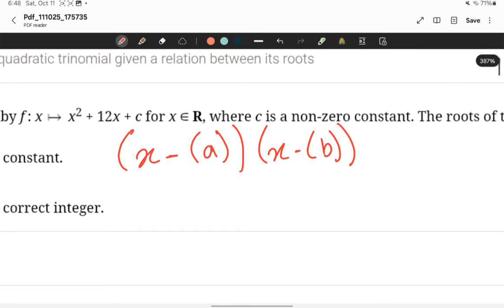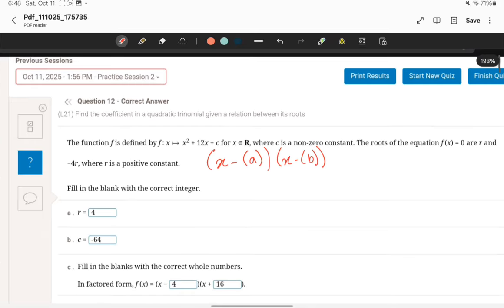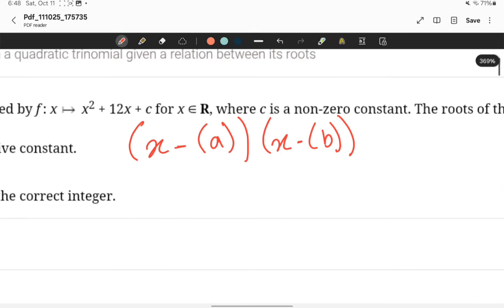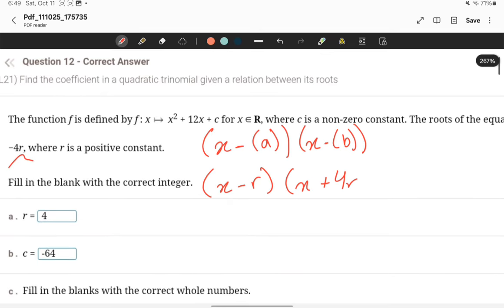So now they told us our roots are r and minus 4r. So we go x minus r and x plus 4r, because minus 4r, so it's plus 4r.